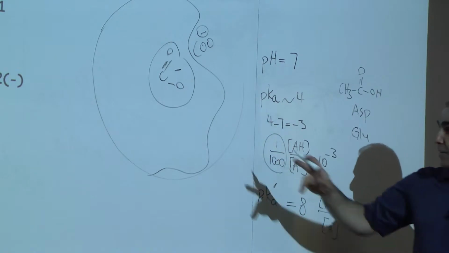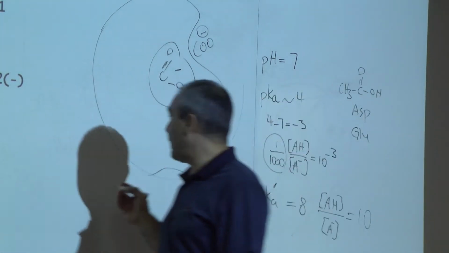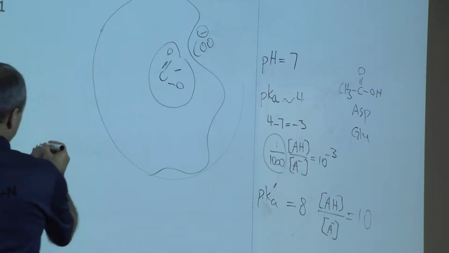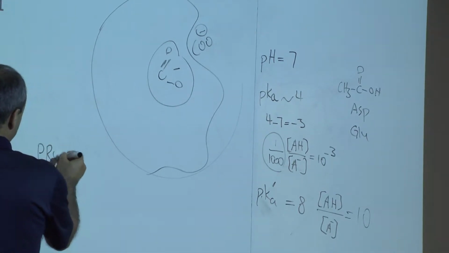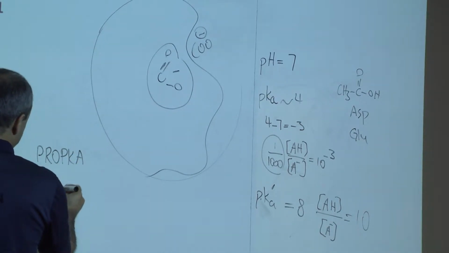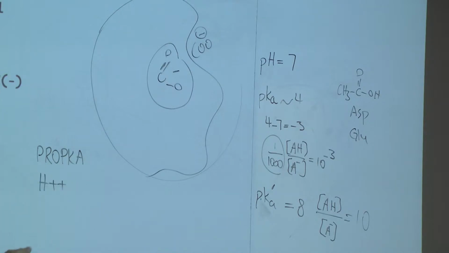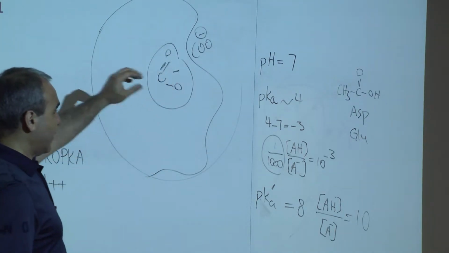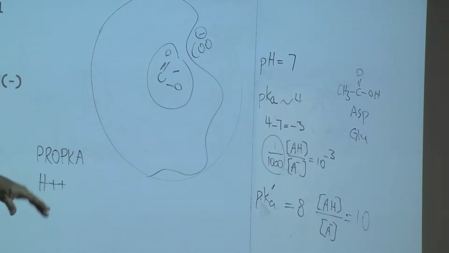So 2 steps. For the first step, there are some pKa calculators or estimators, I should say, out there. PropKa is one example. There is H++. And there are a couple of other programs that go through the protein structure and identify sites where you have aspartate, glutamate, tyrosines, histidines, very important in terms of pKa.